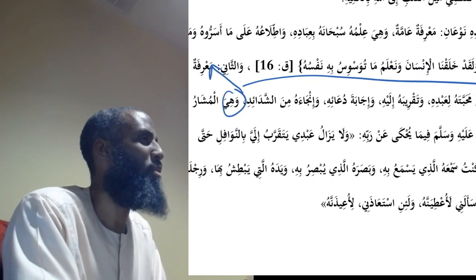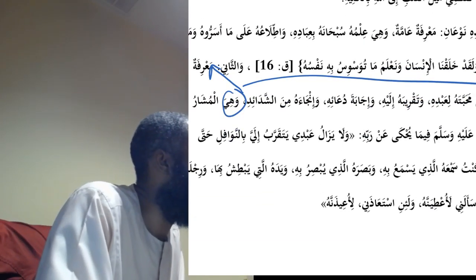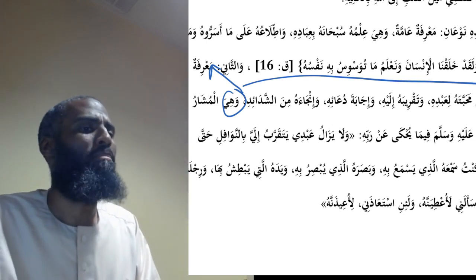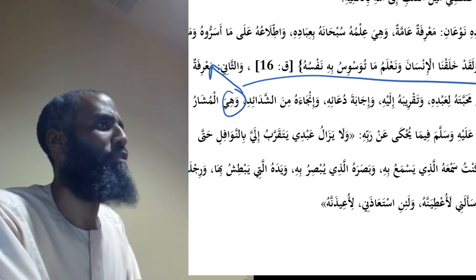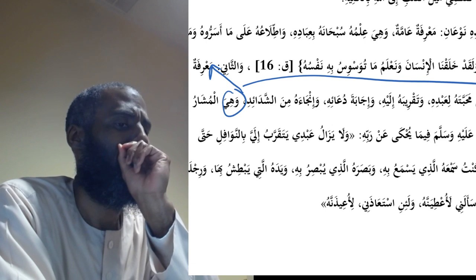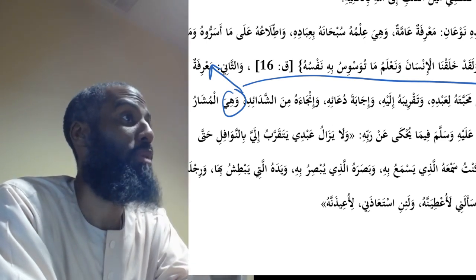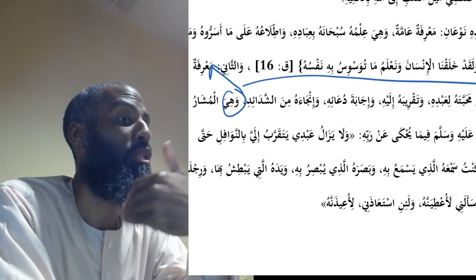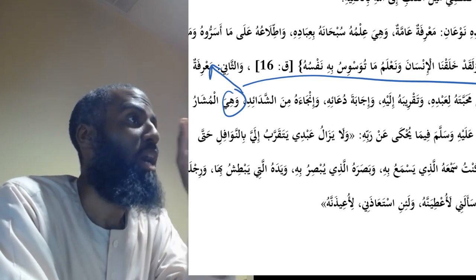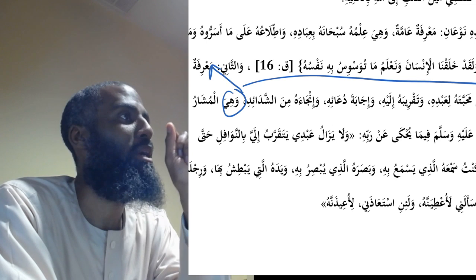And remember, I think we read this hadith on Monday, right? We said what? And my servant will continue to come close to me, يتقرب, come closer to me by way of nawafil, by performing nawafil.